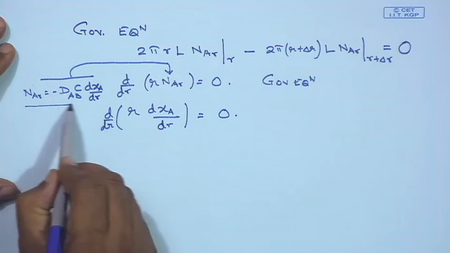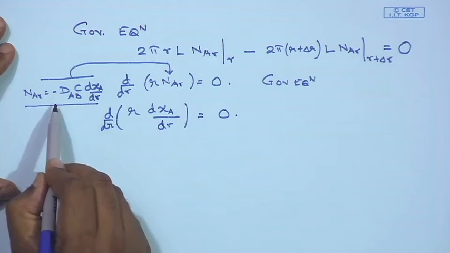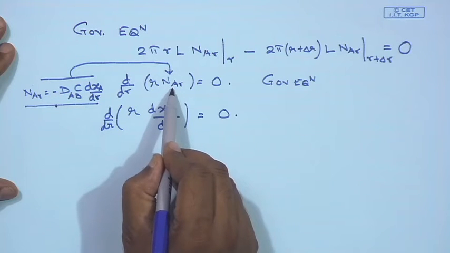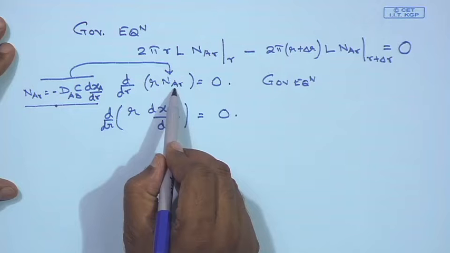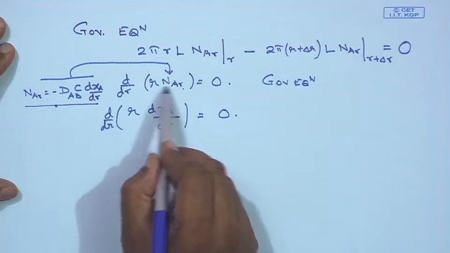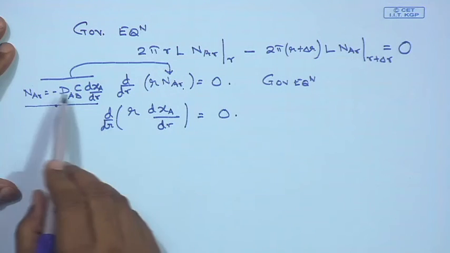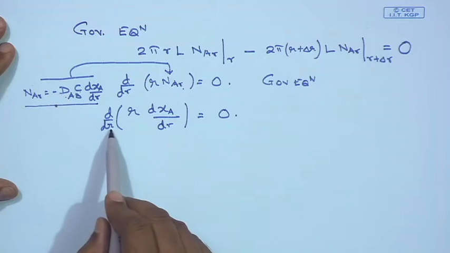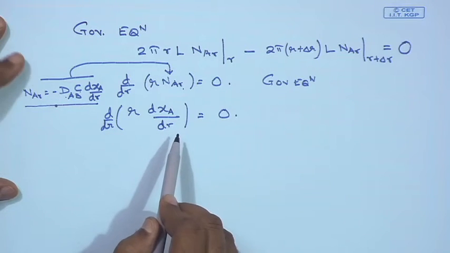So, we have used Fick's law for a diffusion only case, plugged that in for the molar flux of the component A in the r direction into the governing equation, and since c and D_AB are constant, this is going to be my governing equation.